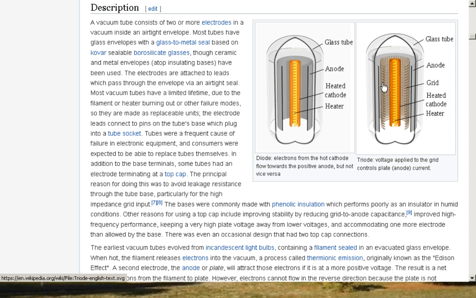Heats this. You have the anode. It's basically like a diode. Anode, a grid, a heater, a triode, diode. Electrons from the hot cathode flow towards the positive anode. So there's a diode tube.